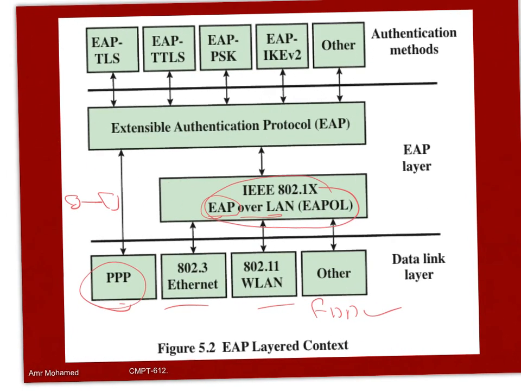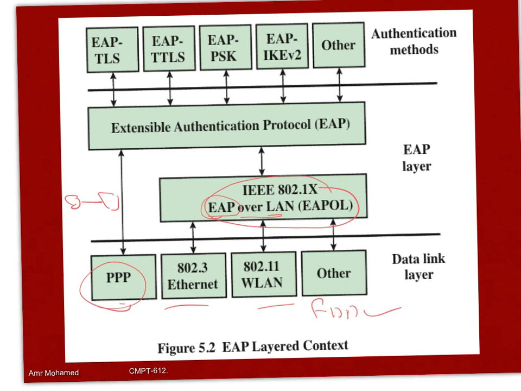There is TLS, which is used as part of the transport layer. We'll talk about it in the next chapter 6. There is TTLS, which is the tunneled TLS. Okay. There is the pre-shared key authentication, which is some kind of like Kerberos service, because Kerberos uses some kind of symmetric keys for authentication.